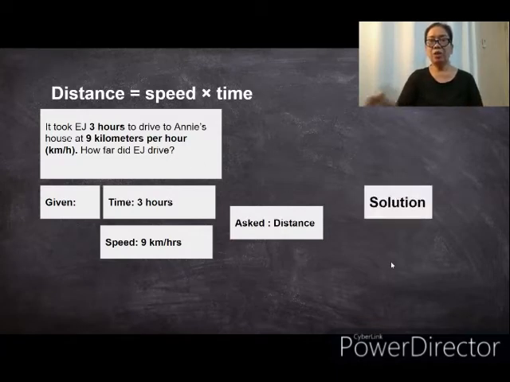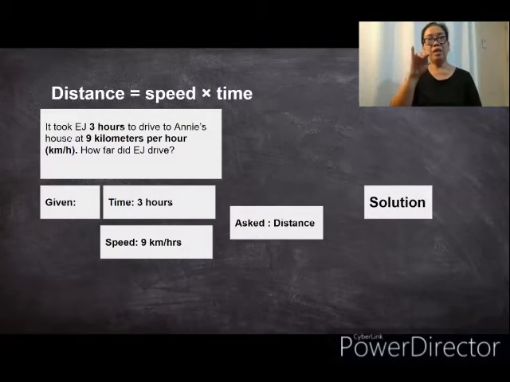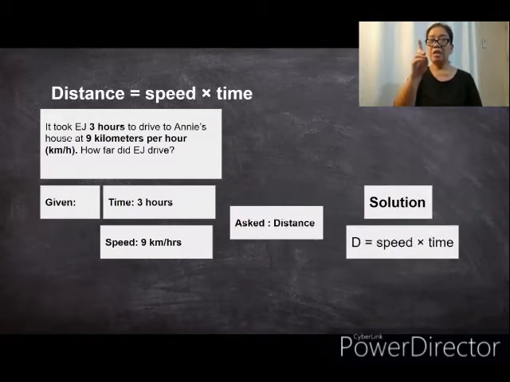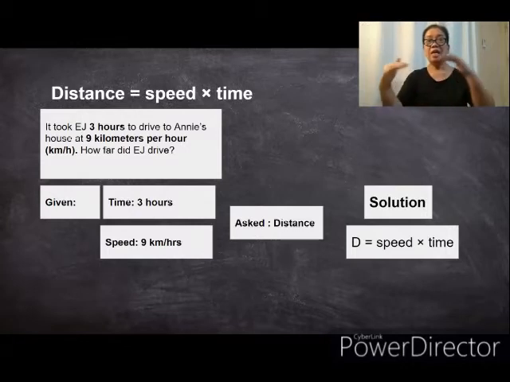Now, since we are asking about the distance, the solution here is D for distance equals speed times time. Okay? Watch here.